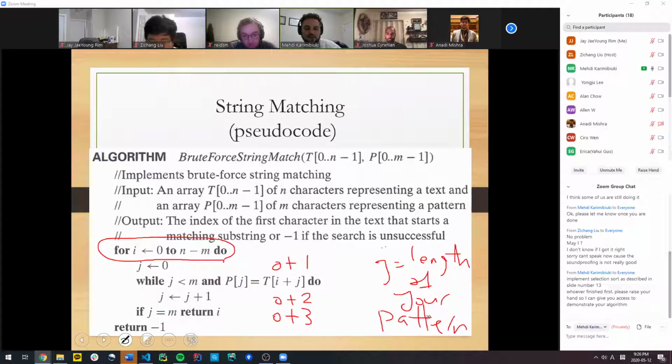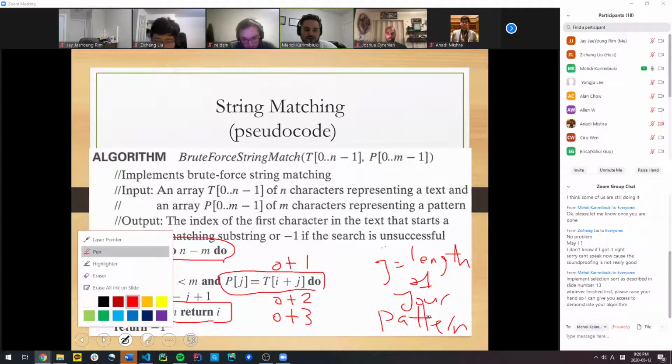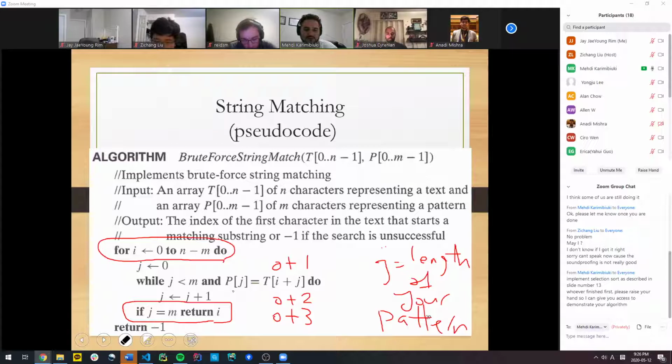Okay. So the catch is if you have gone to the end of your pattern and have this condition here that is matching and correct, that means that your letters one by one are correct in the text with the pattern, right?